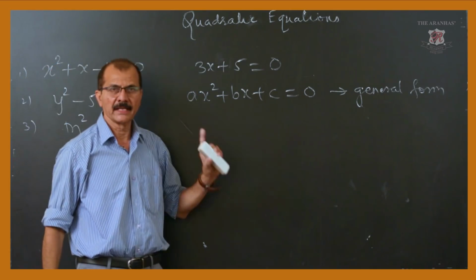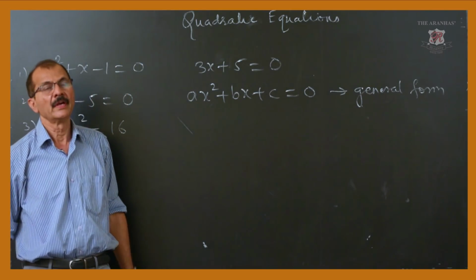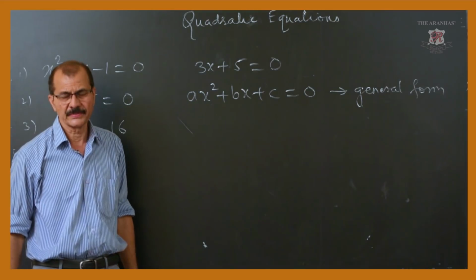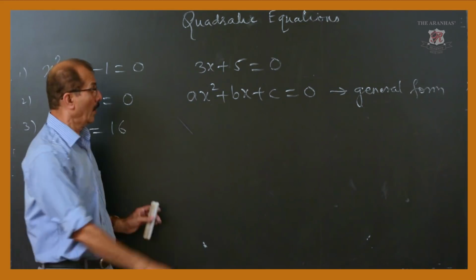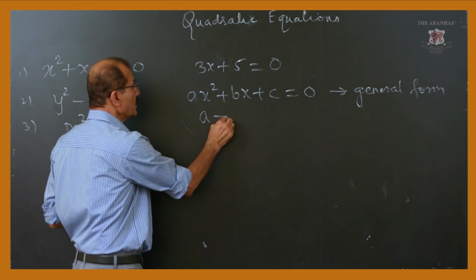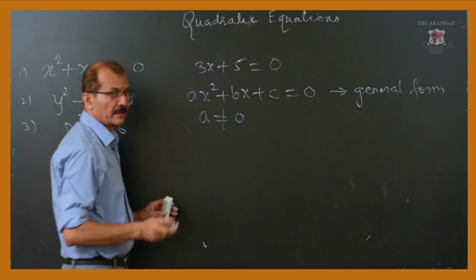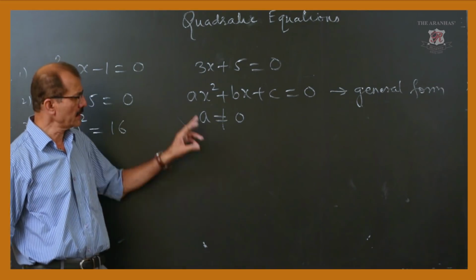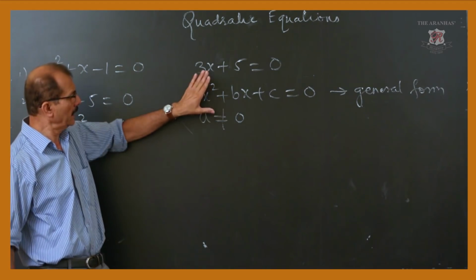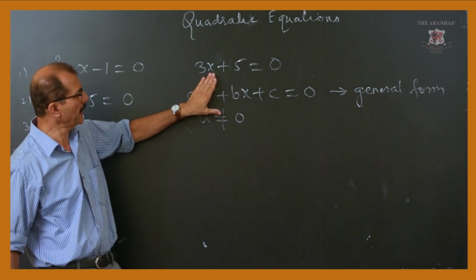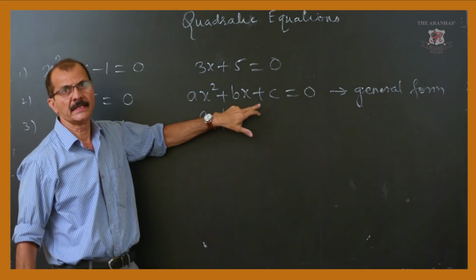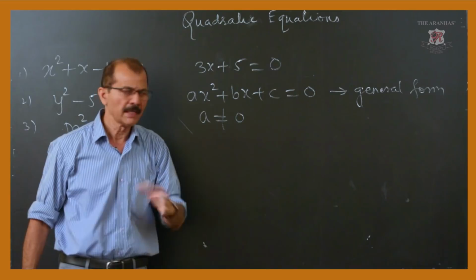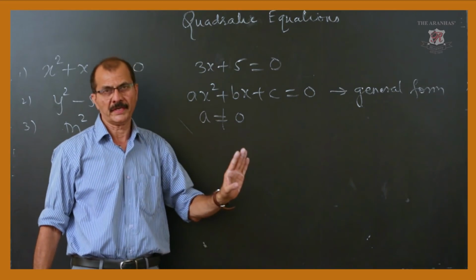A, B, C, they belong to real numbers, they are constants. Also here, A is not equal to 0, that is very important. A will not be equal to 0, because if A becomes 0, this term will vanish. What you get is Bx plus C. Again the degree of this is 1, which is linear, and therefore, it is not a quadratic.